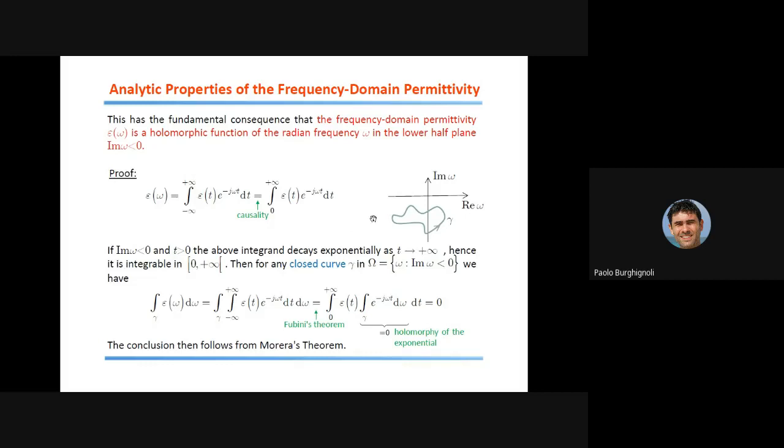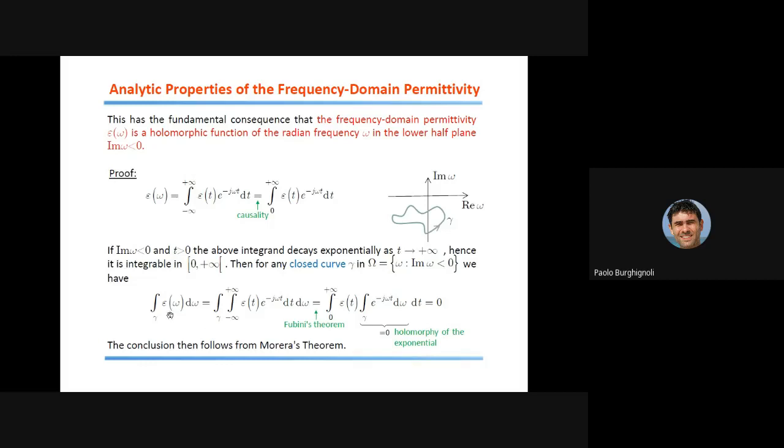Then consider an arbitrary closed curve, gamma, as the one shown in this picture here, that lies entirely in the lower half plane of the complex omega plane, okay? And let us evaluate the integral along this closed curve gamma of epsilon in the frequency domain. So this is a complex integral, a contour integral in the complex omega plane.